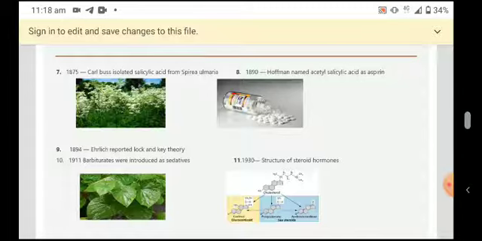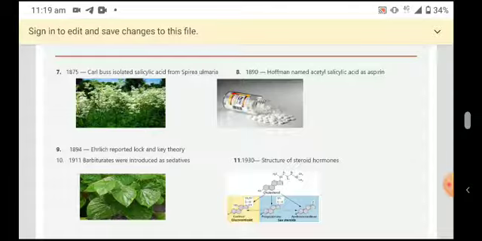Here I show the plant Spirea ulmaria. From this plant, salicylic acid was isolated. In 1890, Hoffman named acetyl salicylic acid as aspirin. As I show the image of aspirin, first salicylic acid is obtained from Spirea ulmaria, and after that it is named aspirin.